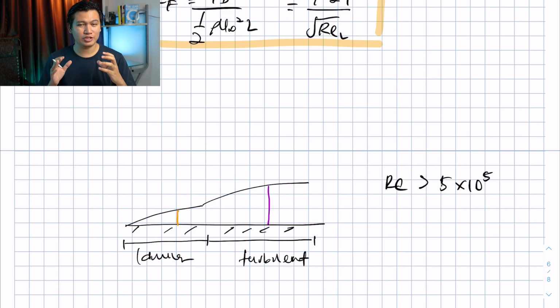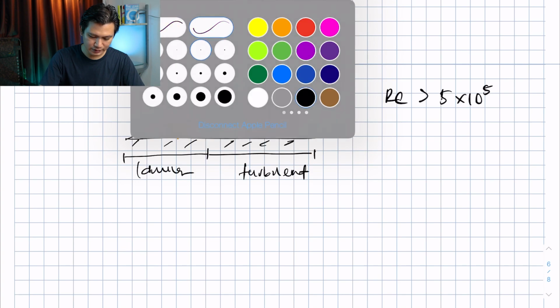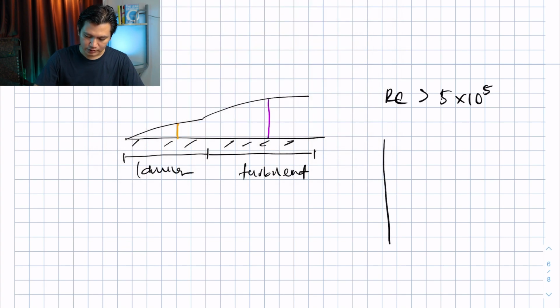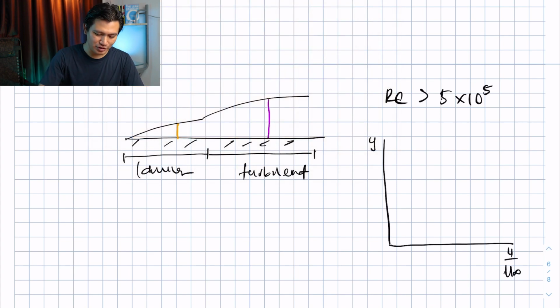And I want to compare the shape of the velocity profile for these two lines. Okay, and if I plot here the graph of y versus u over u infinity, and for the laminar boundary layer I'm going to use orange, right?